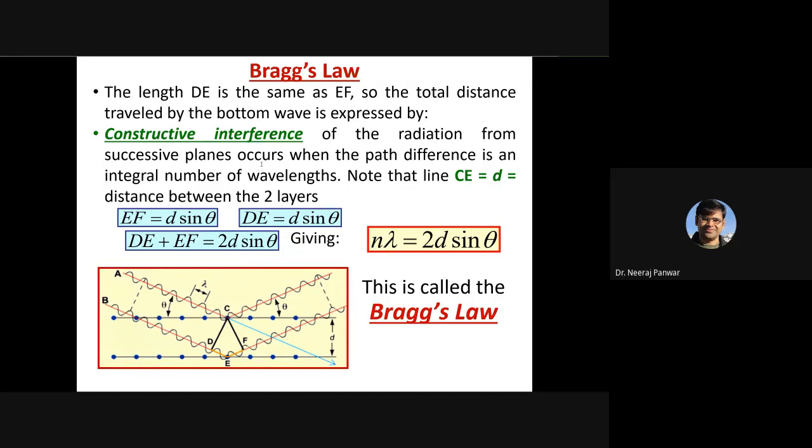constructive interference will take place if this extra distance traveled by this second beam is equal to an integral multiple of the wavelength, that is equal to n lambda.